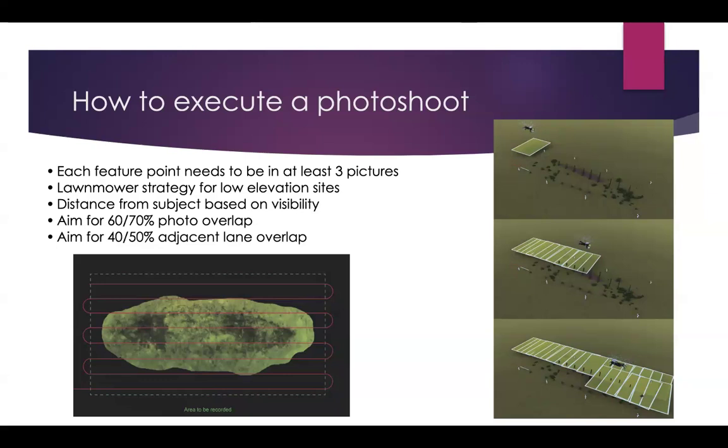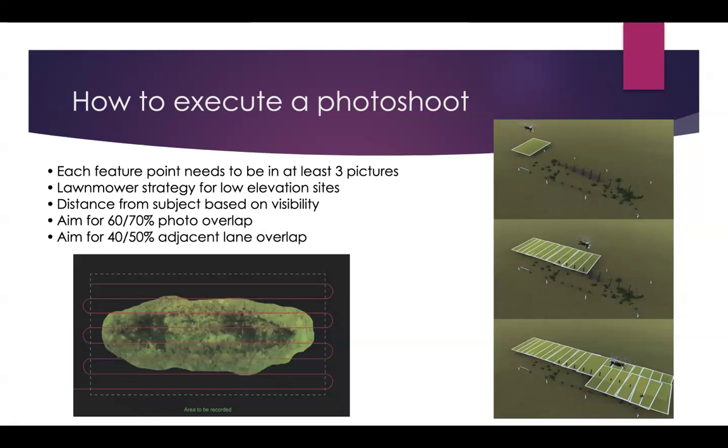You want a 60 to 70% photo overlap, which is why a nice slow swim with 2 pictures a second gives you lots of overlap. If you go too fast, you're going to get a bad result. If you go too slow, you get lots and lots of pictures, but obviously it's going to take you a long time, and the more pictures you've got, the more processing time you need as well.